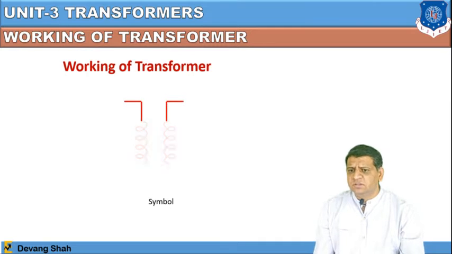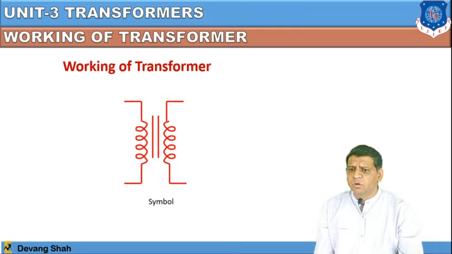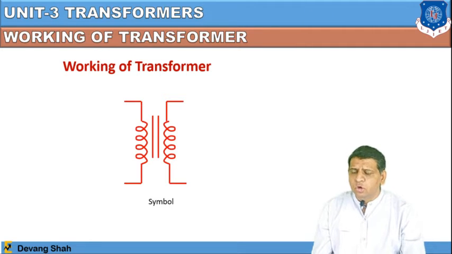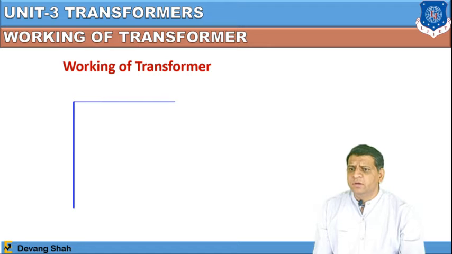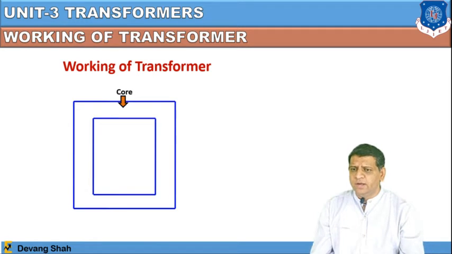Now let's check the symbol of this transformer. You can see this is the symbol of a transformer, where at one end you have a primary winding and at the other end you have a secondary winding, and in between there are two parallel lines that you consider as a core, right? Now same here, if we talk about the core, it is a rectangular shape that is defined as a core.